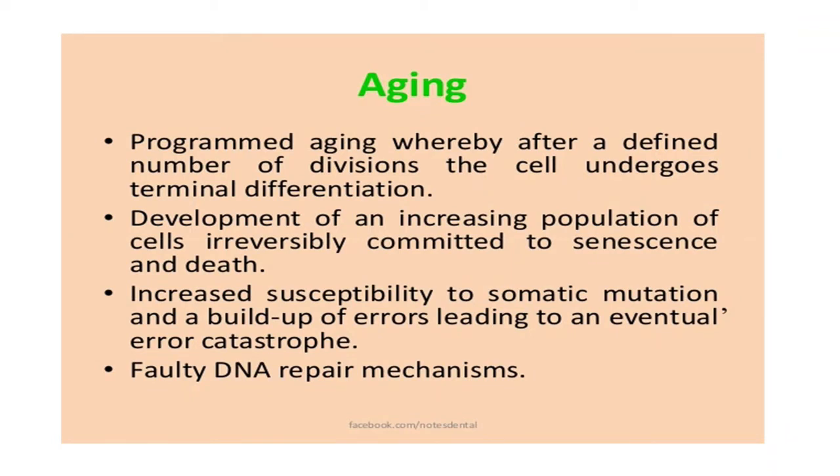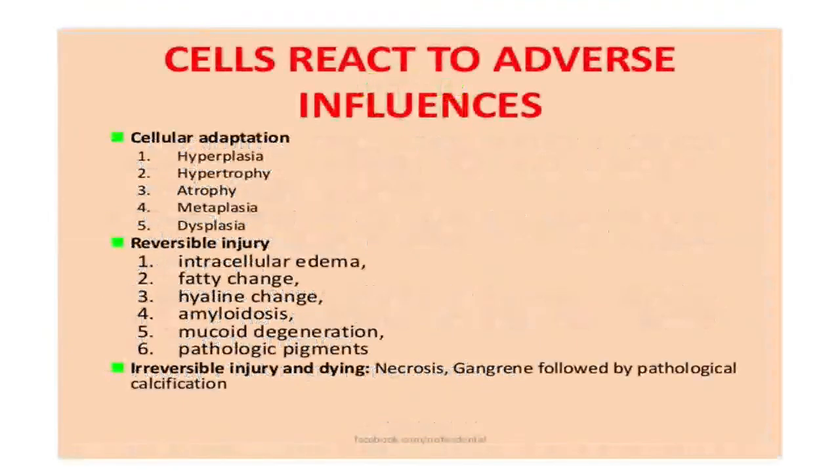Whenever there's a cell injury, it is the responsibility of the DNA to repair itself so that the cells can be repaired. But if the DNA is repairing the cell in a faulty way, not going through the normal processes, then there's going to be a problem.